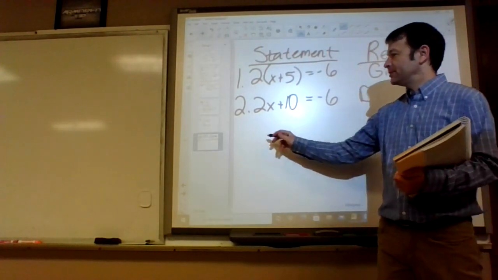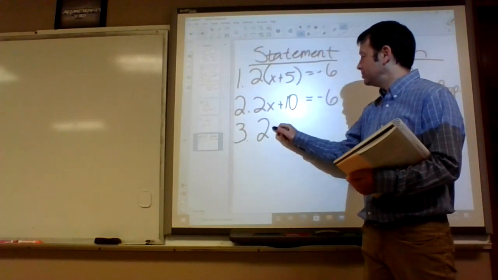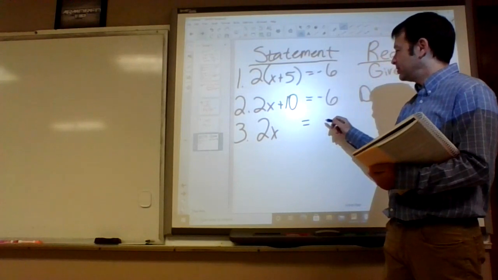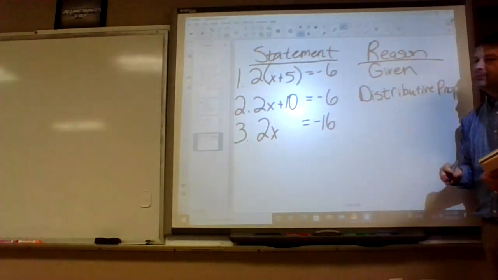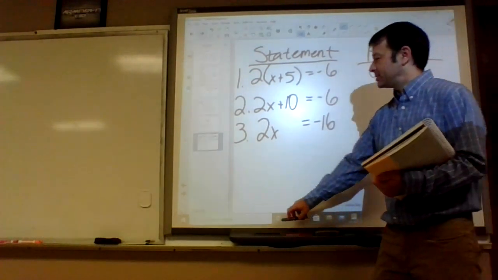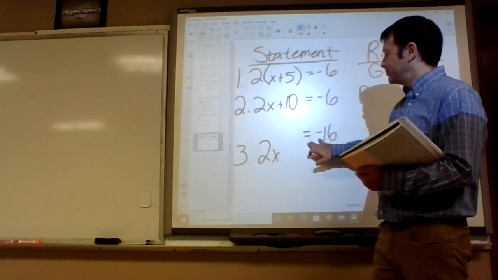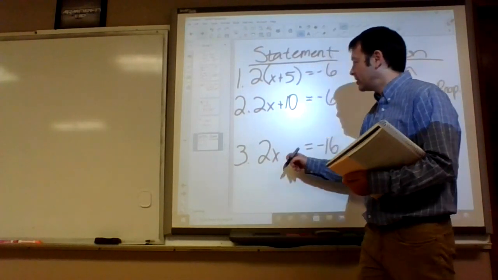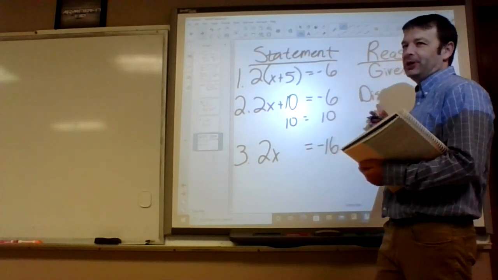Then what would you guys do if you're solving this? Minus 10. 2x equals negative 11. Negative 16. Addition. I should probably stop and say something. That's subtraction. When we do the geometry proofs, we usually said something like AB equals AB, reflexive property, and then we subtracted.